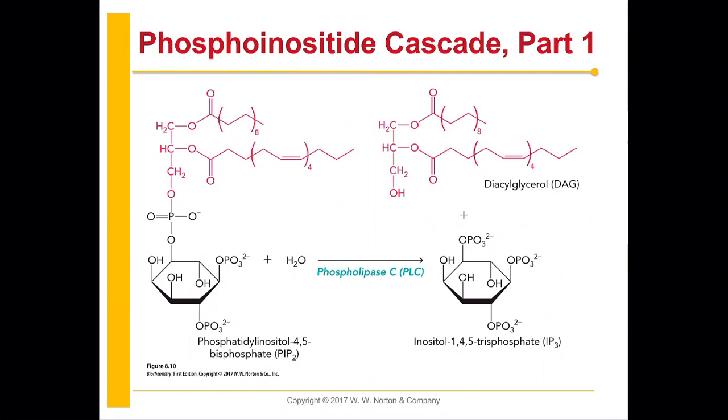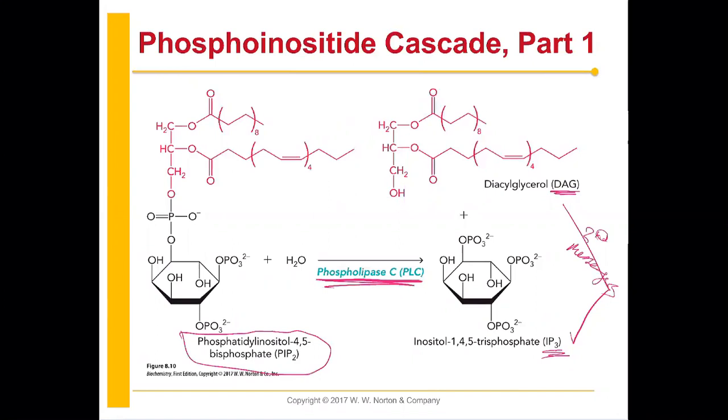When we want to control our secondary messengers, DAG and IP3, these are 2 secondary messengers, you want to be able to control them. They're controlled by the activity of a membrane-associated enzyme called phospholipase C, or PLC. This is going to hydrolyze our membrane phospholipids.